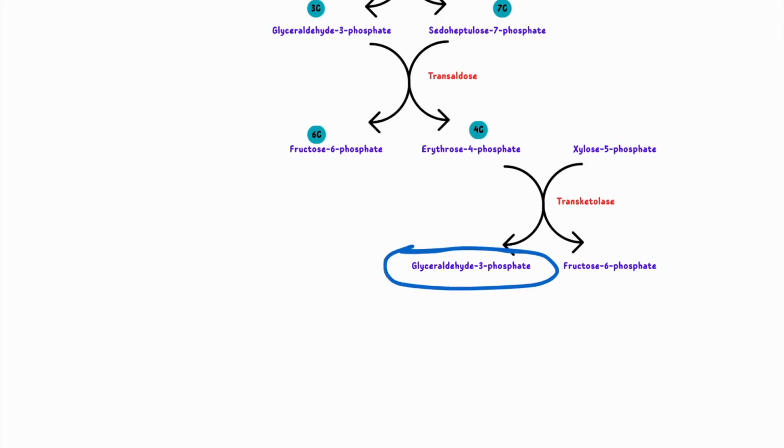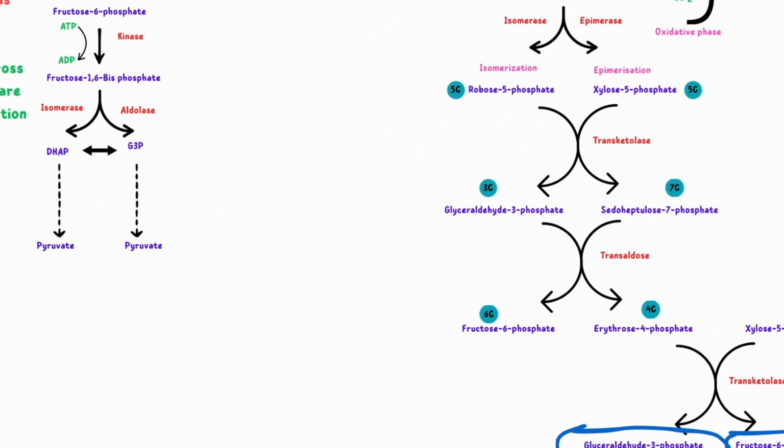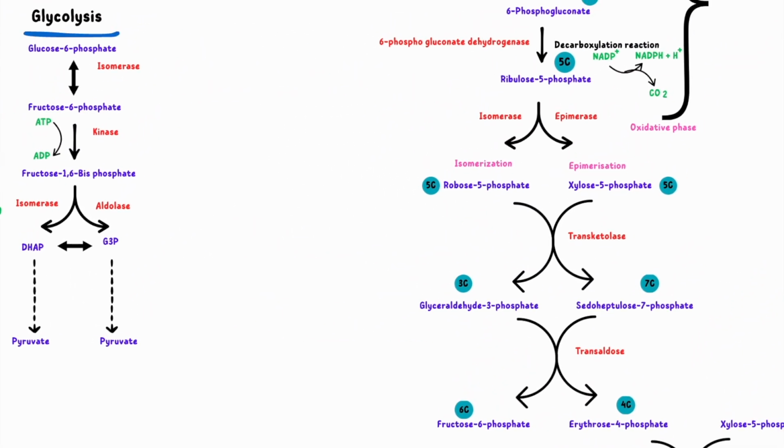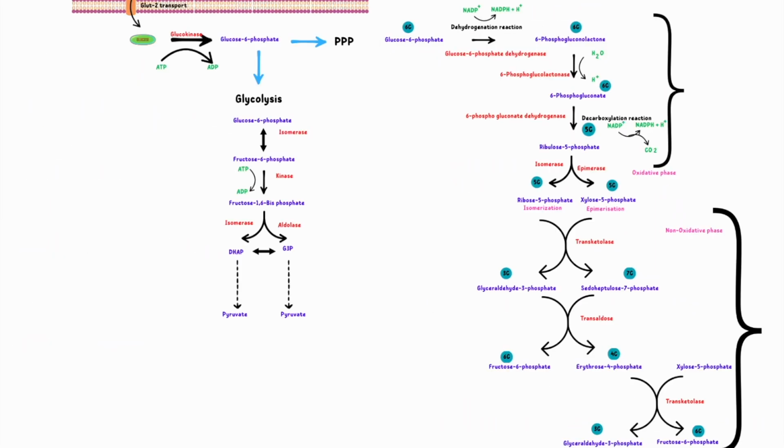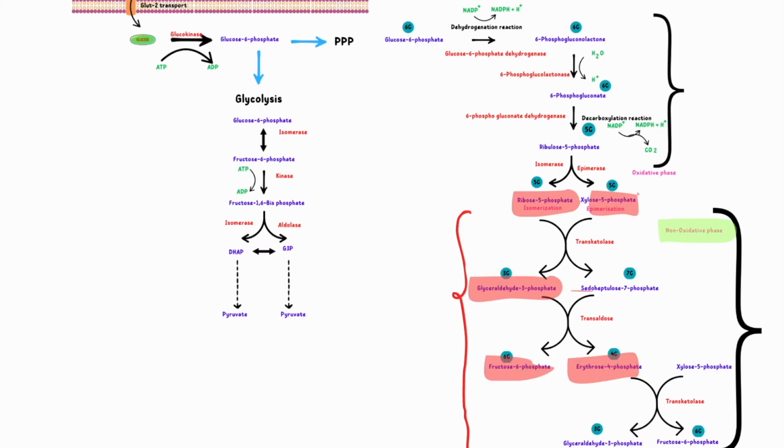So this glyceraldehyde 3-phosphate and fructose 6-phosphate are again glycolytic intermediates. Hence, they will go back into glycolysis. Therefore, this phase is known as the non-oxidative phase. This is a reversible phase and involves the interconversion of various sugar phosphates.